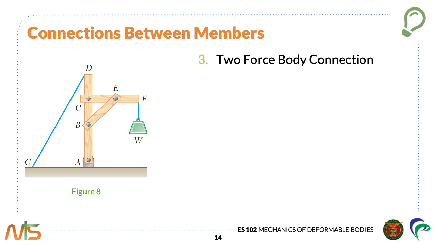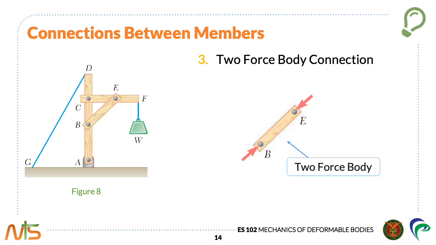The two force members should also be considered. In this frame, member BE is the only two force member. The forces acting at each end of this member must have the same magnitude, same line of action, and opposite sense.